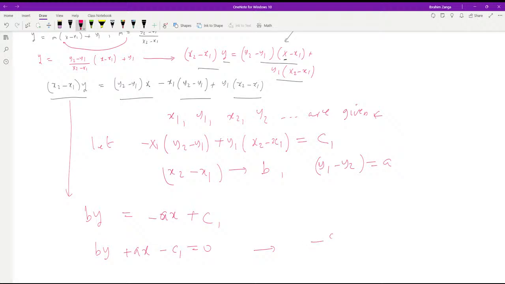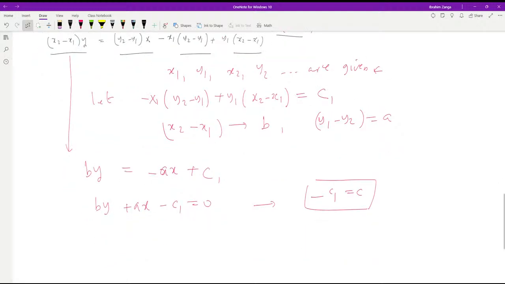And I'll just call minus c1 equal to c, so that eventually you have ax plus by plus c equals 0.